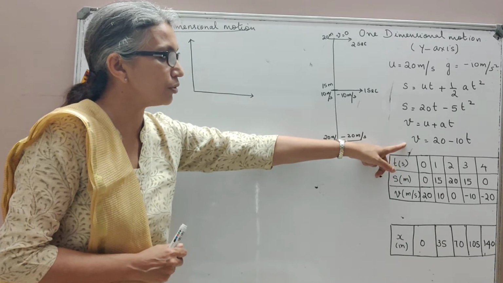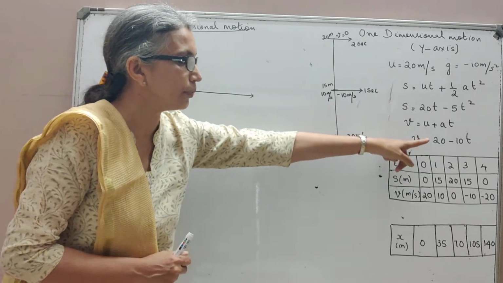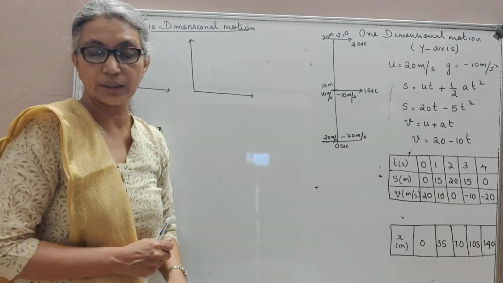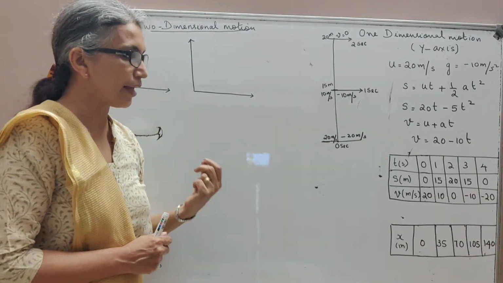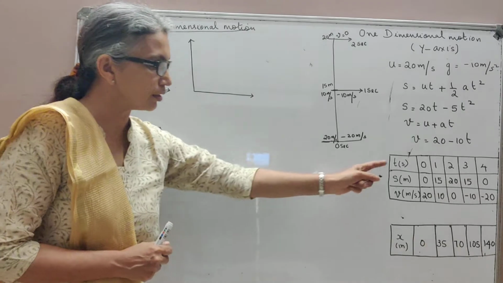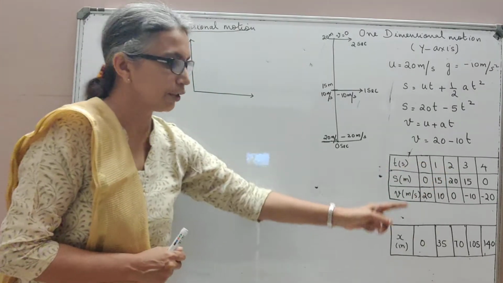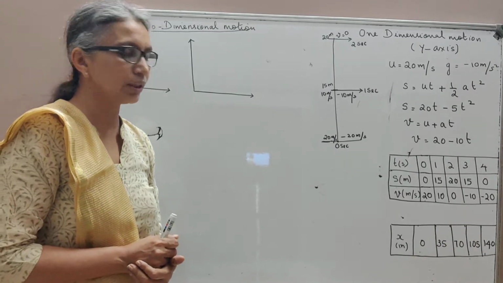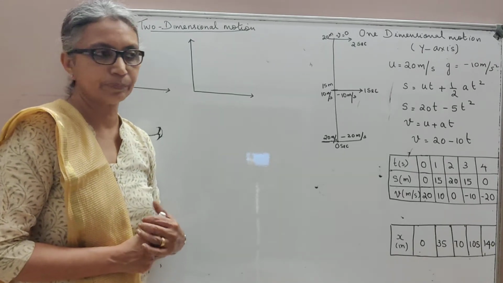Substituting the values, V equal to 20 minus 10t. So these two equations will give me the displacement and the velocity of the particle at different instants of time. I've taken t equal to 0, 1, 2, 3 and 4 in seconds.